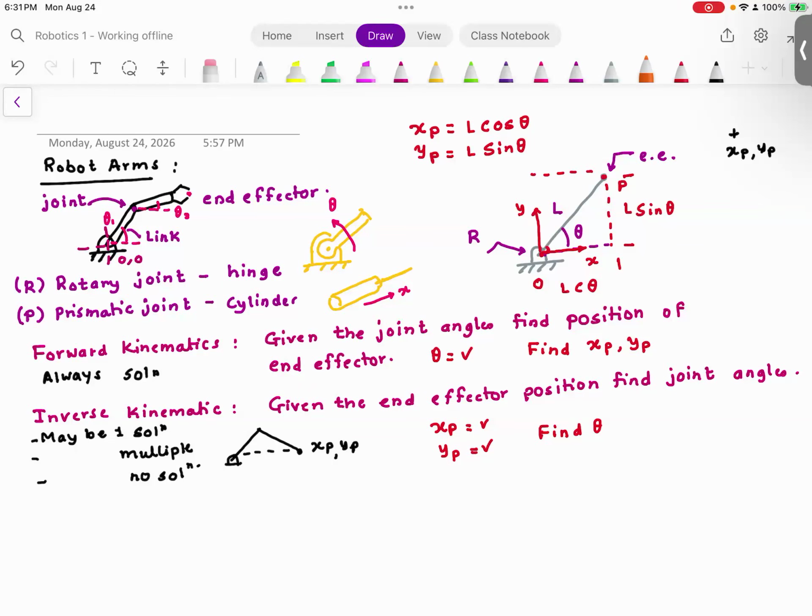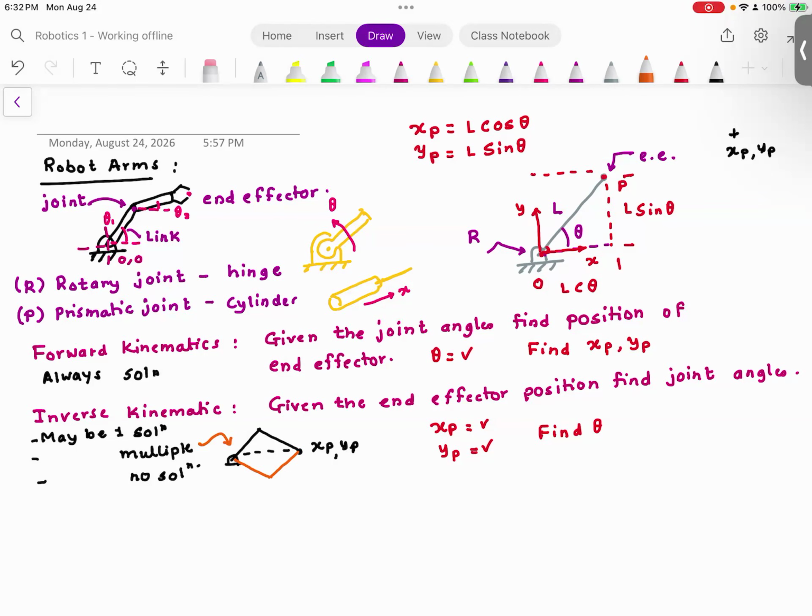It can also be achieved in elbow down configuration, which means you can achieve the same end effector position different ways. So clearly, in this particular case, you have multiple solutions. So you can have a pair of theta 1, theta 2, and you can have another pair of theta 1, theta 2. So here is an example where you have multiple solutions possible.